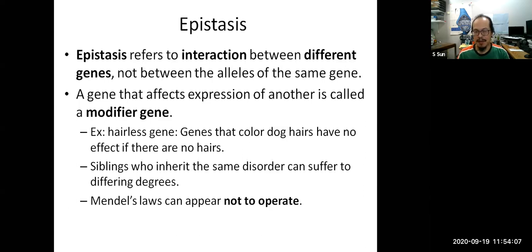Another reason that Mendel's law won't work is that genes, in fact, are not independent of each other. In Mendel's law, each trait is considered independent. That's Mendel's second law, right? But in reality genes don't act independently.